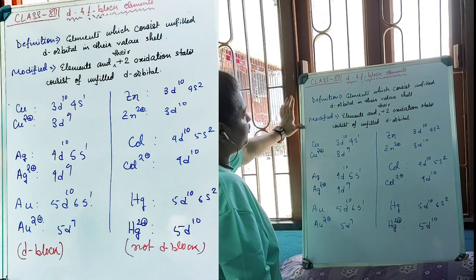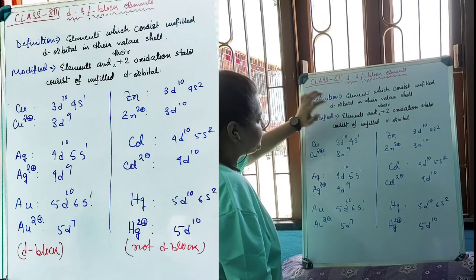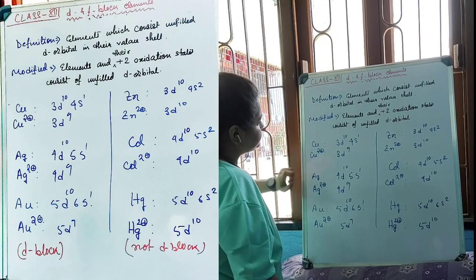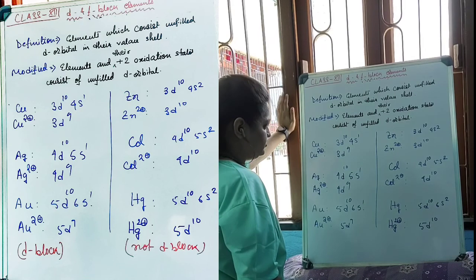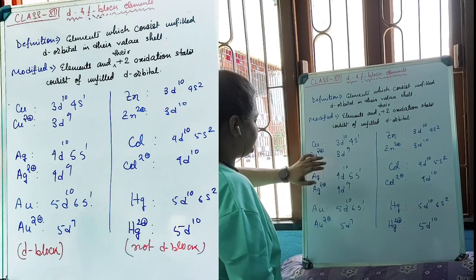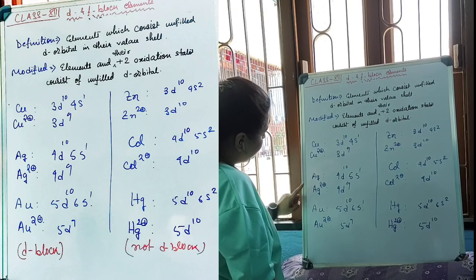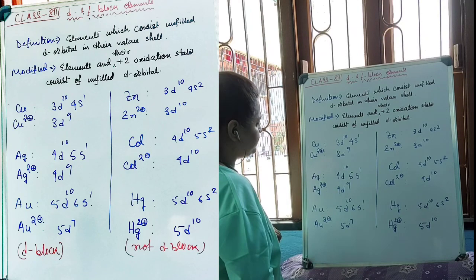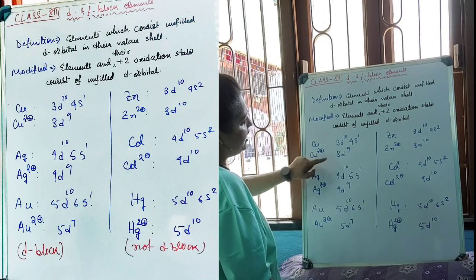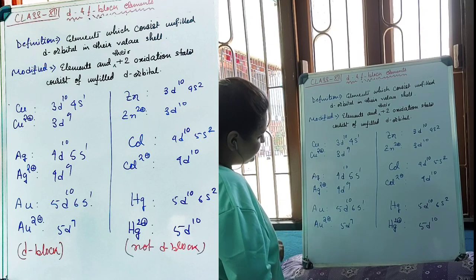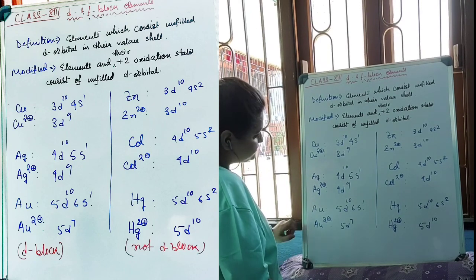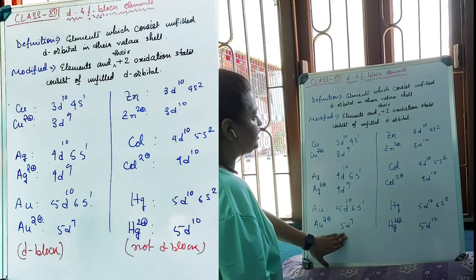Copper in its neutral form has a completely filled 3d10 orbital, but in its +2 oxidation state it has a 3d9 orbital, meaning a partially unfilled d orbital. Similarly, silver in its +2 oxidation state has an unfilled d orbital, but in the neutral state has a filled d orbital. Gold also in its neutral state has a fully filled d orbital, but in its +2 oxidation state has an unfilled d orbital.